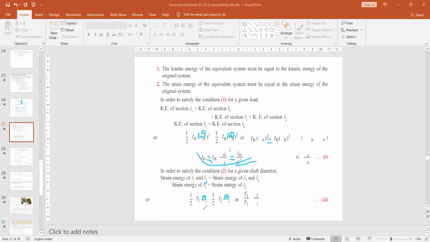The strain energy is half into T into theta, so half T3 theta 3 equals half T2 theta 2. So T3 by T2 equals theta 2 by theta 3. So that is the equation.